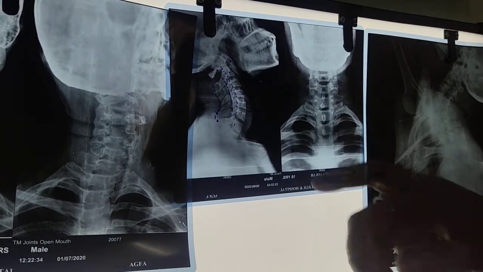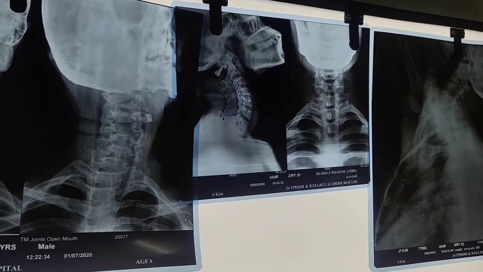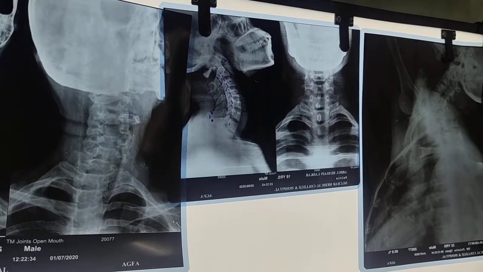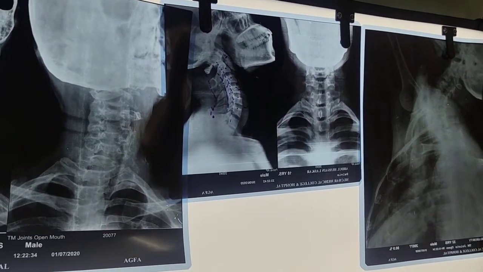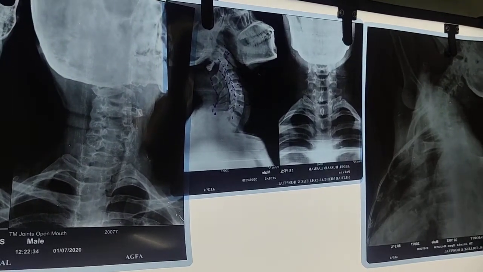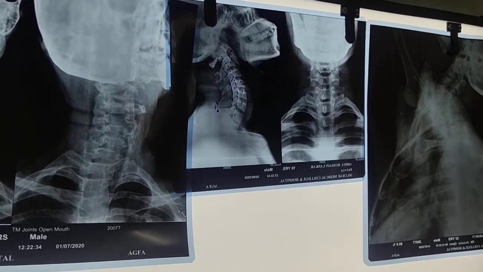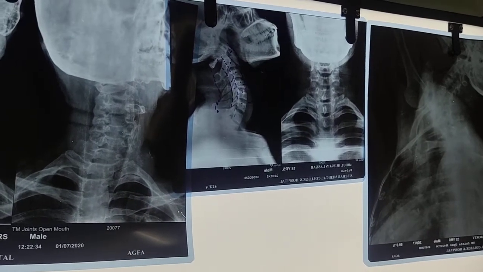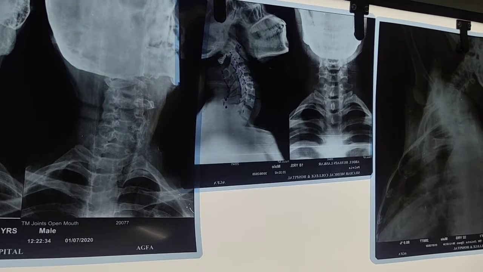What is more important is that this ratio matters particularly in two situations, in a trauma situation or in an infective situation. In a retropharyngeal abscess, or collections behind the retropharyngeal space or prevertebral area, and in a trauma situation, it indicates a hematoma there. In a hyperextension injury, with tearing of all the soft tissue structures, nothing else may be visible, but swelling in the anterior part of the vertebral body indicates probably a collection of hematoma.